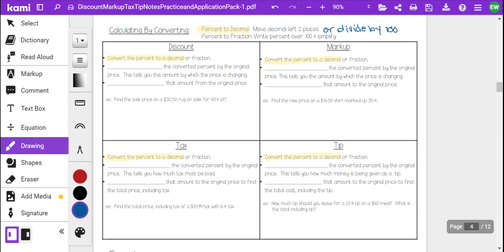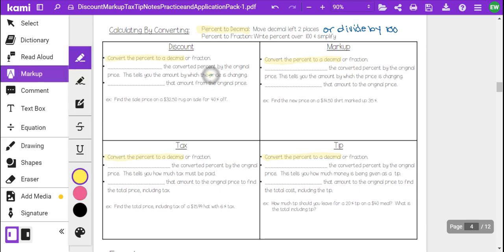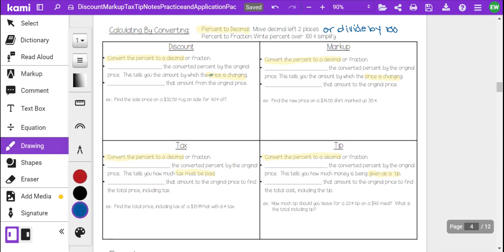So what do we do to that converted percent? We need to see how the price is changing. Oops, let me get my highlighter back in. Price is changing, how much tax must be paid, and how much money you give as a tip. Okay? So it's going to be a percent of the full price. So you are going to be multiplying.